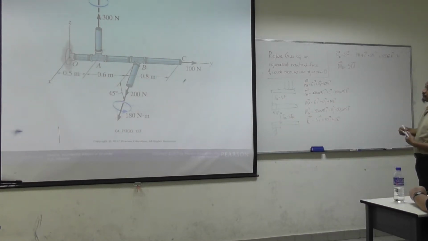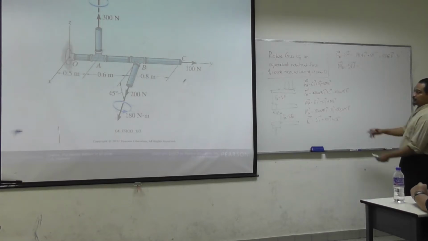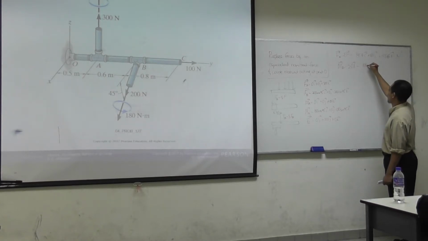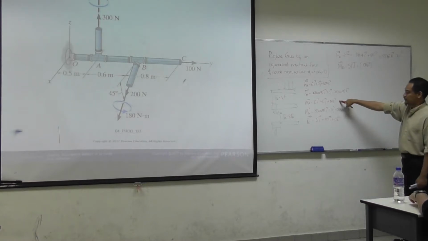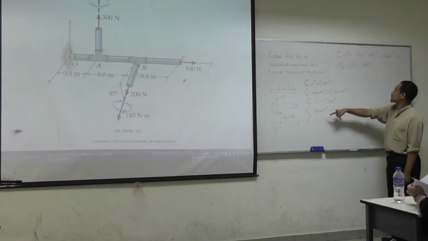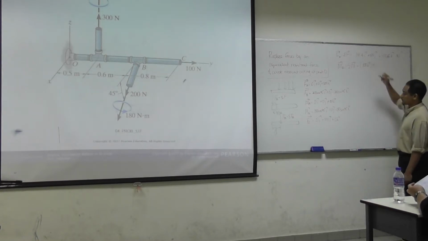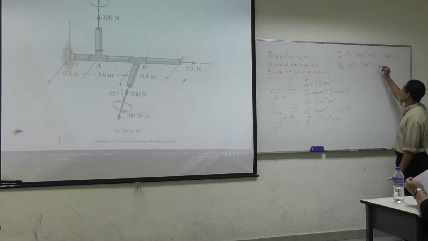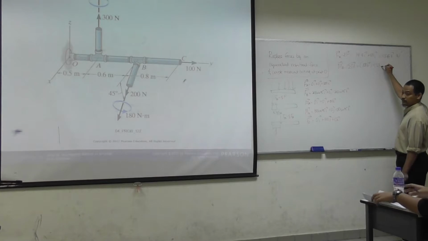So okay, for the moment about this, you just have 100k here. Yeah, this is the first moment, from MA here. And this one, what's the value here? 180 cos 45. 127.3.